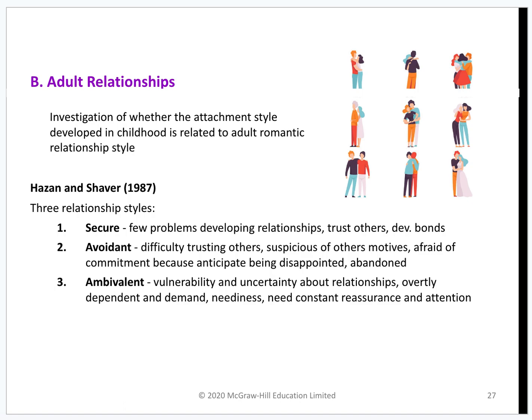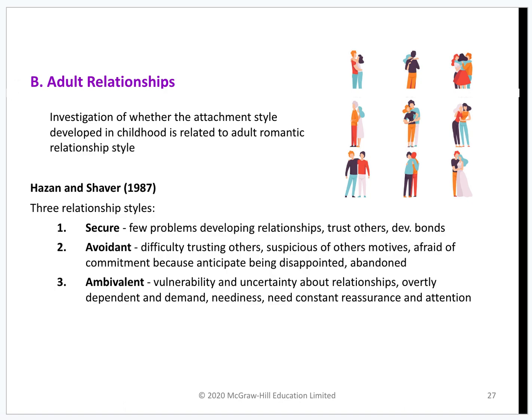If you had an avoidant attachment as a child, you may have difficulty trusting others. So this is in romantic relationships, right? Difficulty trusting others, suspicious of others' motives, afraid of commitment because you anticipate you're going to be disappointed, you're going to be abandoned, they're going to leave you and dump you anyways. So you don't really trust them and you kind of don't commit. Again, not necessarily consciously, right?